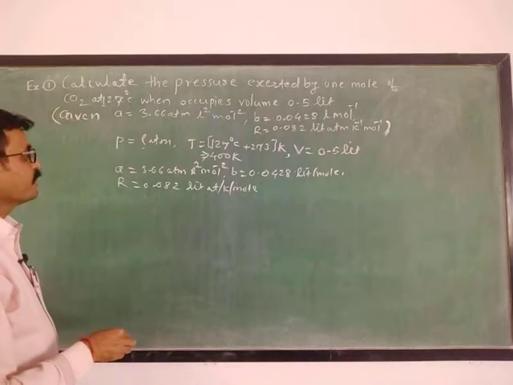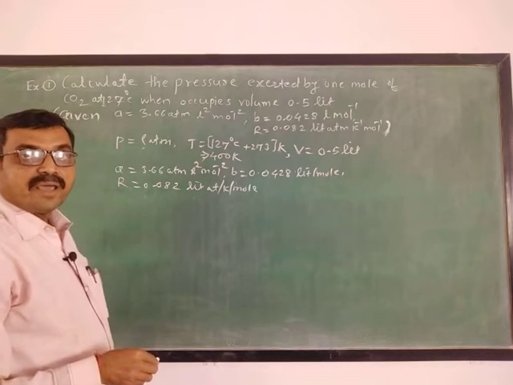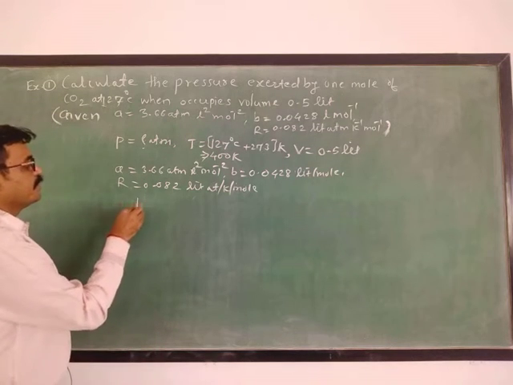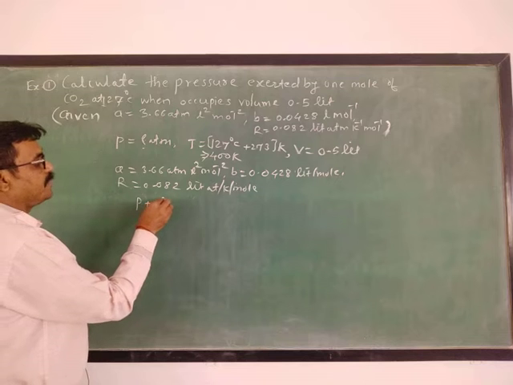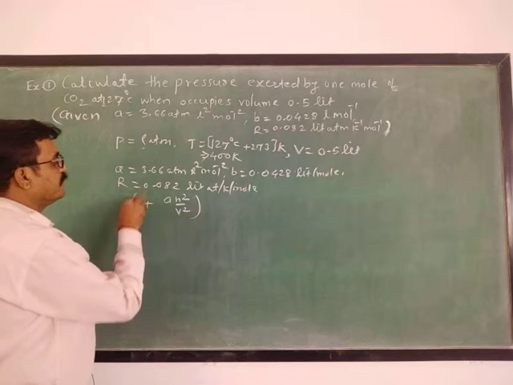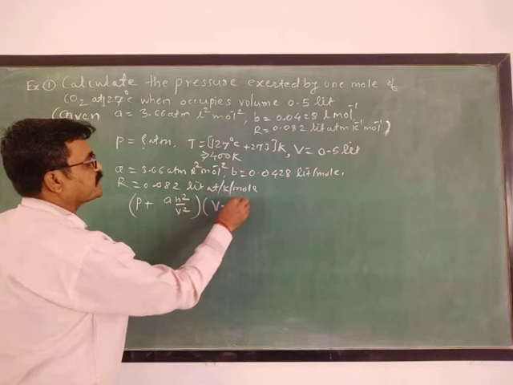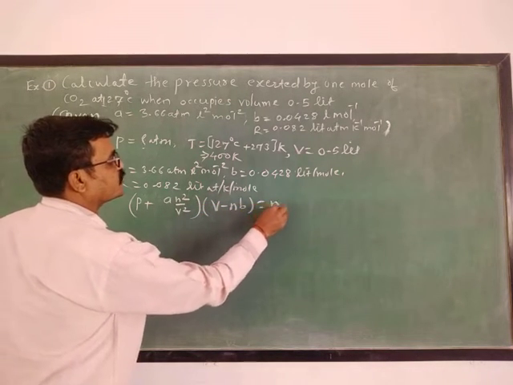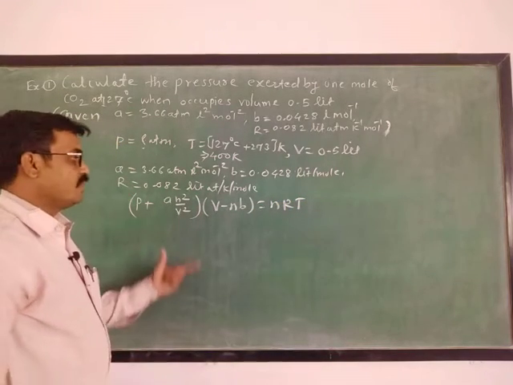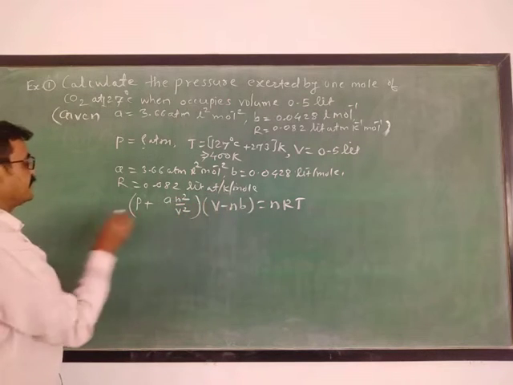Now, the van der Waals equation for n moles of gas is: P plus A n square upon V square, into V minus nB, equals nRT. This is the van der Waals equation for n moles of gas.